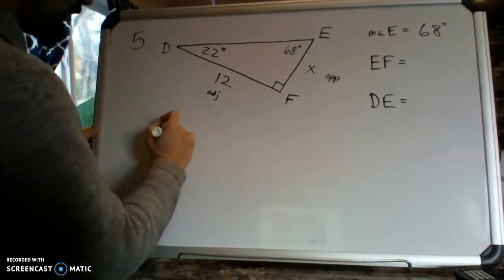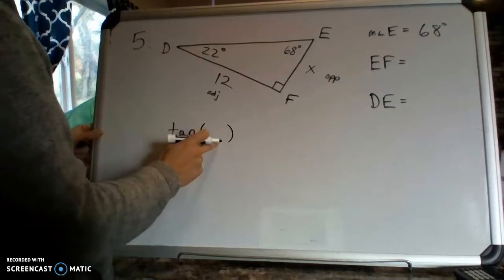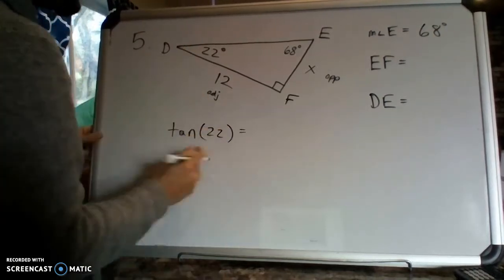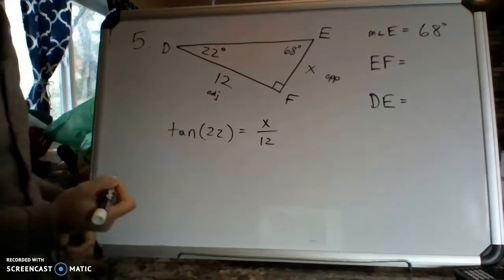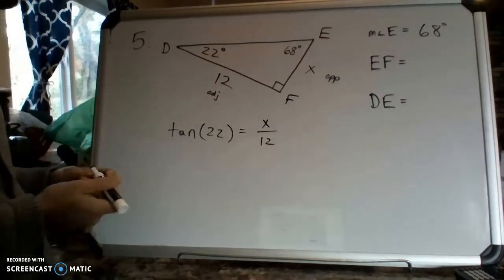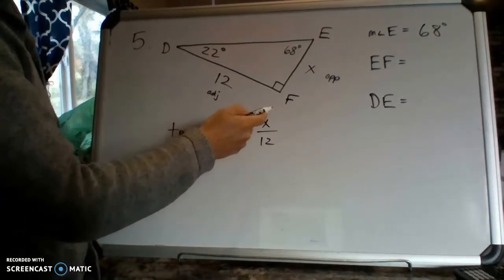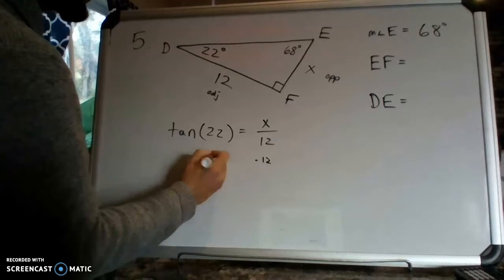So I'm going to write an equation to help me solve this. Tangent of the angle that I was looking at, which is 22 degrees, is equal to the opposite side over the adjacent side. So tangent of 22 equals x over 12. We need to solve for x. In this case, it's very easy. We just multiply by 12 on both sides.